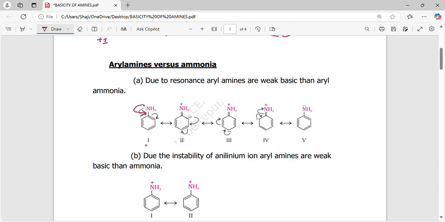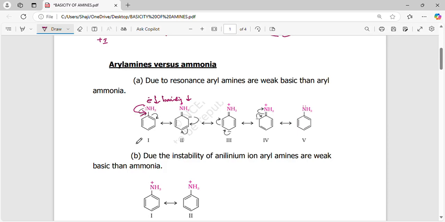We know that basic character increases because of electron density. But here, electron density is moving towards the benzene ring, so overall electron density decreases, and the basic character also decreases. Noted? So electron density of nitrogen decreases in aniline due to resonance, so the basic character of aniline decreases.